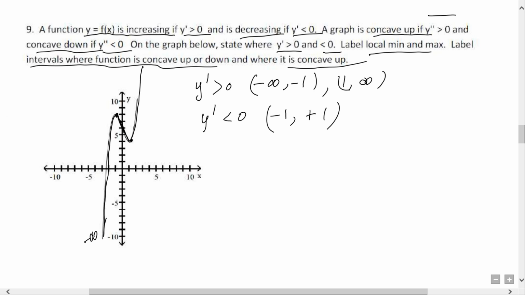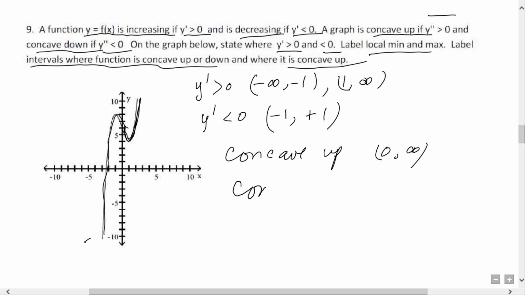Notice that the function is concave up over this interval. So that's between 0 and infinity. And the other portion, from minus infinity to 0, is concave down.